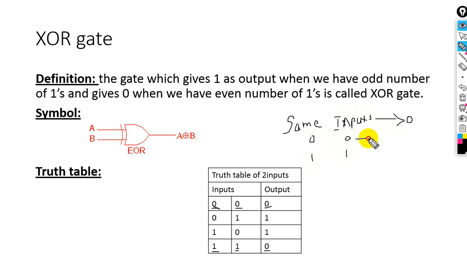In this case, the output will be 0. But when we have different inputs, the result will be 1.